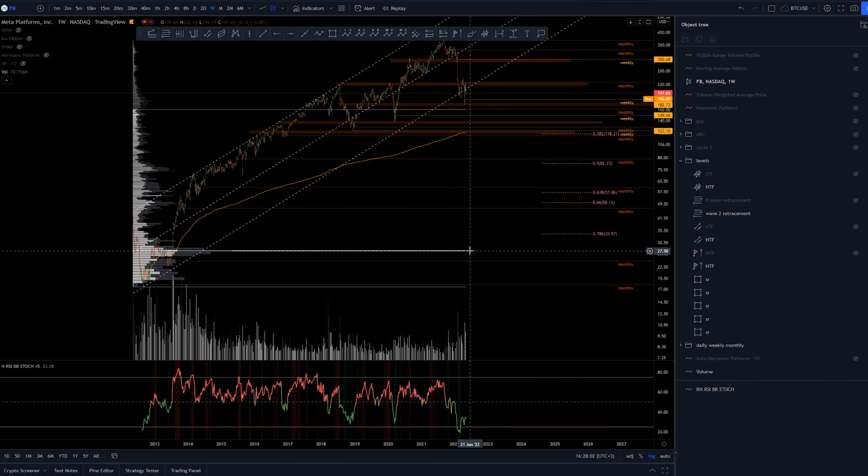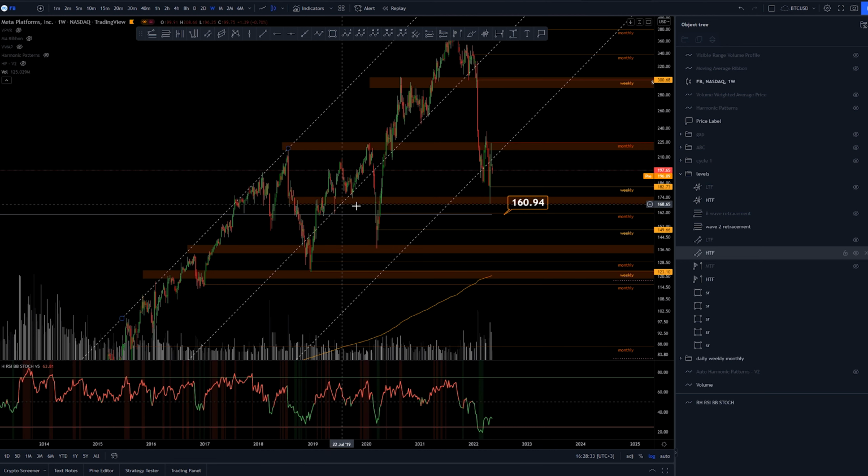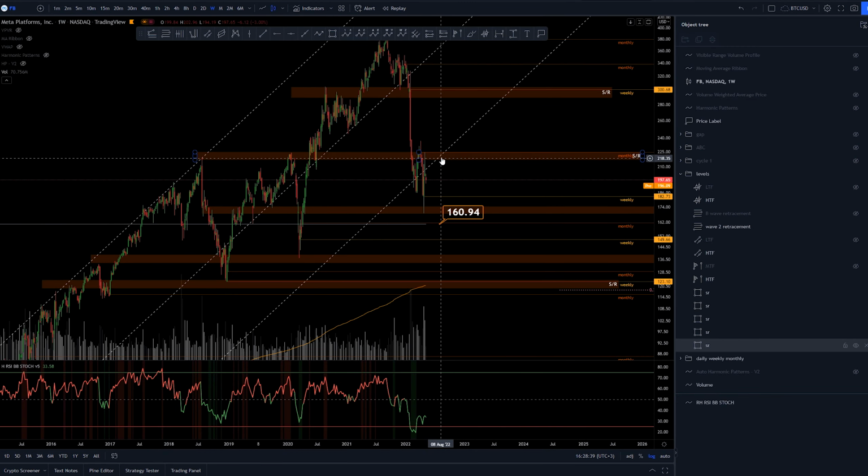Again, this is the value area high of this whole volume profile, around $160 with a monthly here. Definitely going to be an area of interest. We already bounced from this previous support and resistance zone where we had multiple bounces, and got back to this area here where we're currently at.